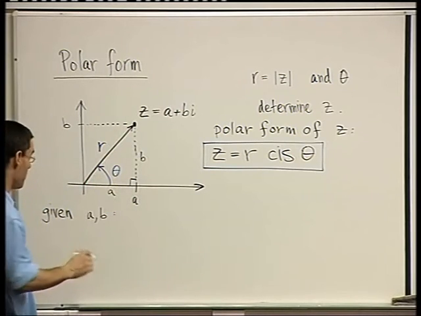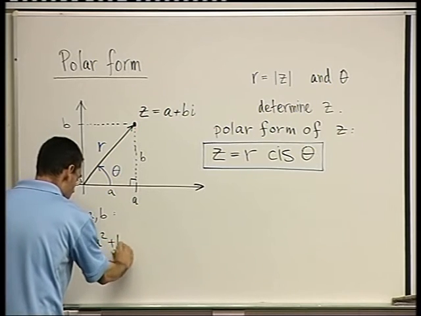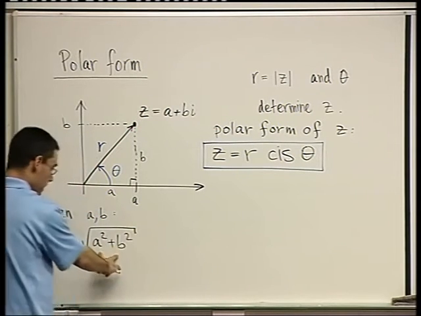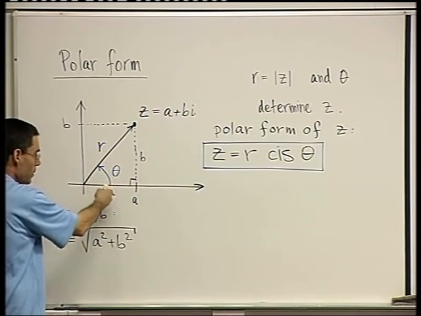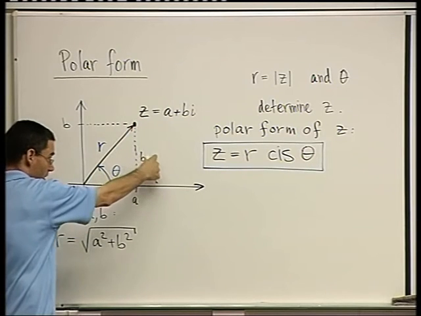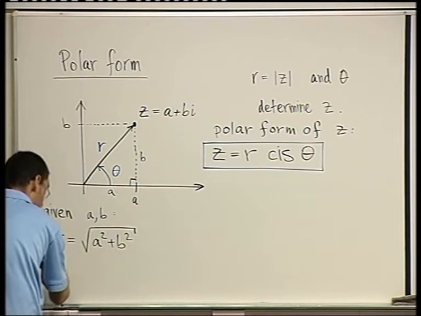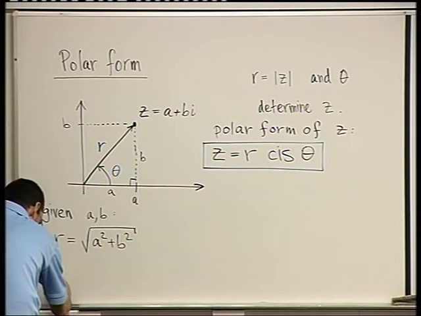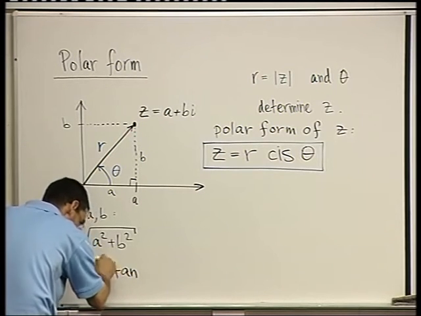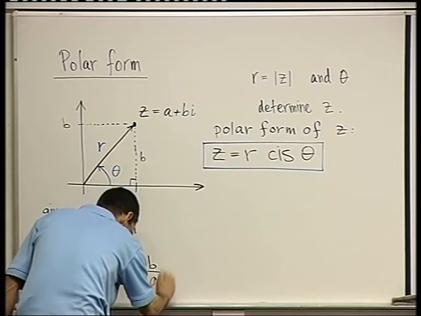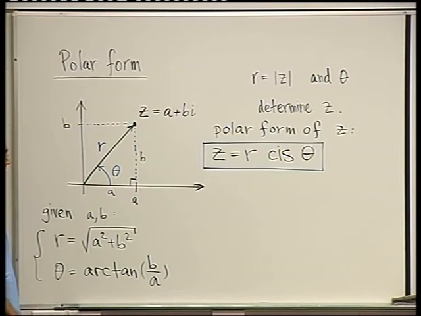We use the Pythagorean theorem. So r equals the root of a squared plus b squared. So if you know a and b, you can easily find r, right? What about theta? The tangent of theta is the opposite edge divided by the adjacent edge. So tangent of theta is b over a, or in other words, theta is the arctan, the inverse function of tan, of the ratio b over a. So this is how we find r and theta given a and b.